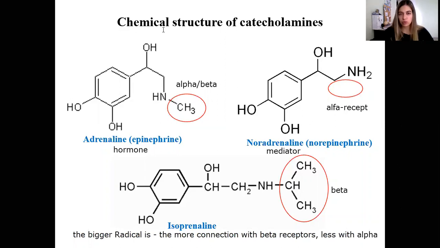So this is the rule. The bigger the radical is, the more connection with beta receptors and less with alpha. So that is how we understand that noradrenaline works predominantly with alpha receptors, adrenaline with both, and isoprenaline, the drug isoprenaline, stimulates only beta.